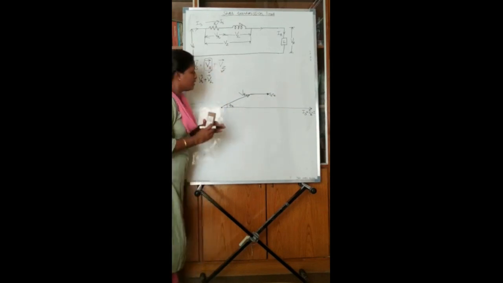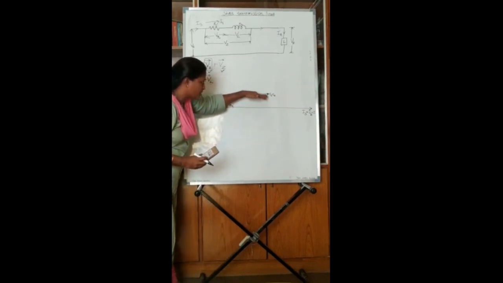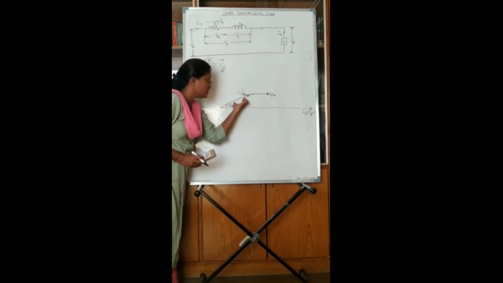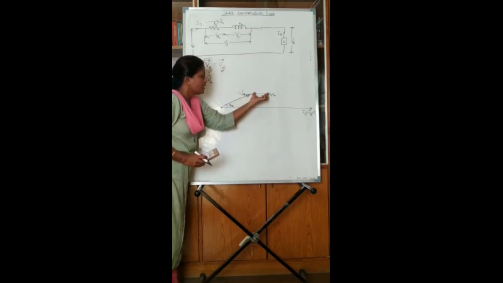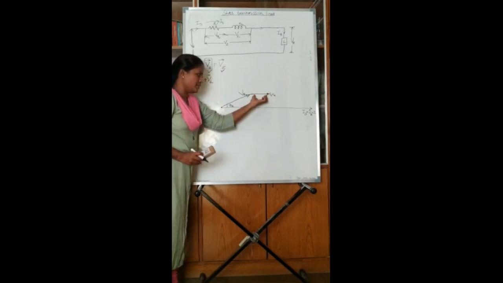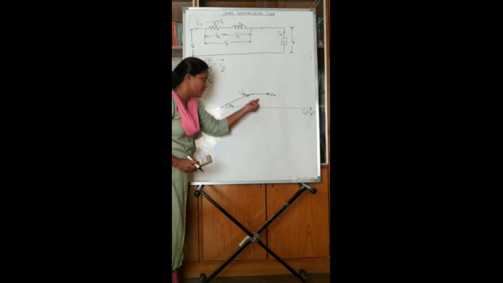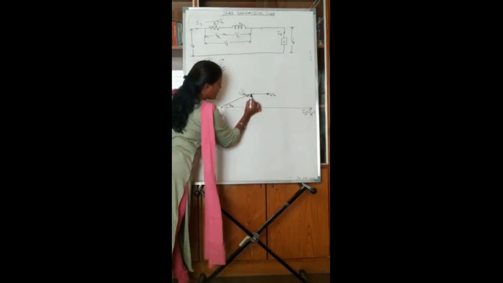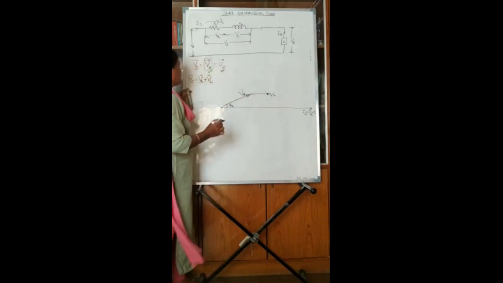I am drawing it parallel to this current because I want to add this VR component to this VL component. This magnitude should be added. That's why I am shifting this by drawing a parallel line. So when I draw the parallel line, I am getting the current I here.